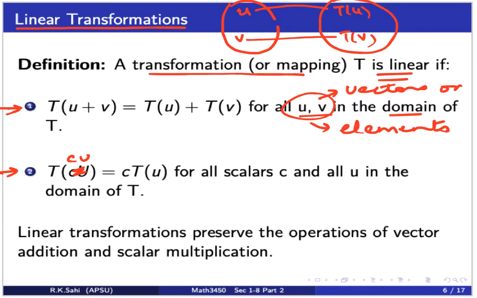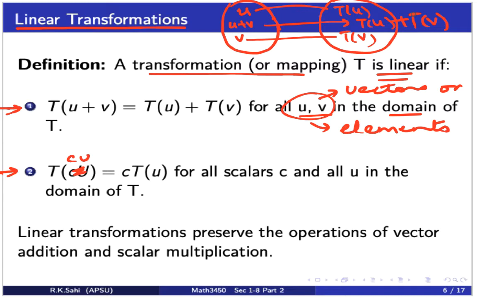So coming back here, I'm having a vector now. I'm adding U plus V. So I get a new vector U plus V. So when T acts on this vector U plus V, it takes us to another vector which is exactly the same as when you're adding TU plus TV. In other words, it is preserving the structure.